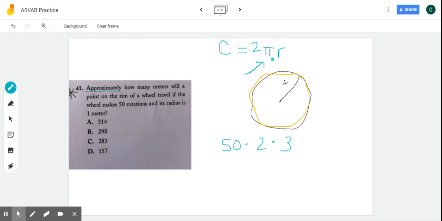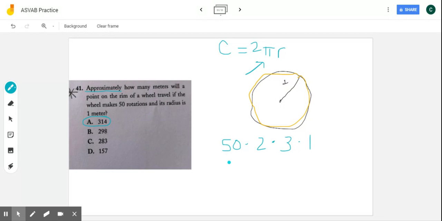And then times the radius, which is 1, which again is nice because it doesn't really do much. So we have 50 times 2 is 100 times 3 is 300. Since 50 times 2 is 100, even if we had 0.14, it'd be pretty easy, but 50 times 2 is 100 times 3 is 300.